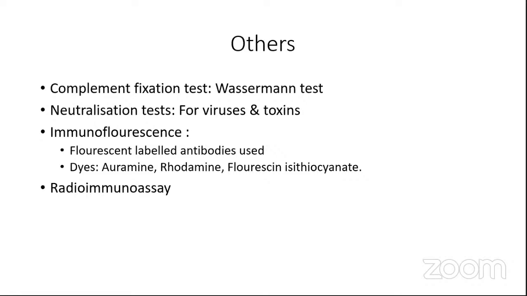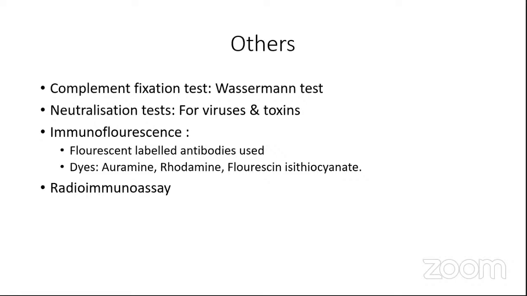Apart from that, immunofluorescence. What is fluorescence? Fluorescence is a property of a dye which absorbs light of one wavelength and emits light of a different wavelength. So this emitted light can be visualized using a fluorescent microscope.